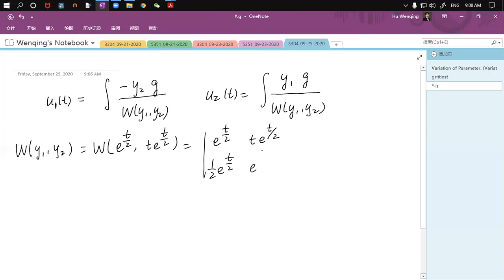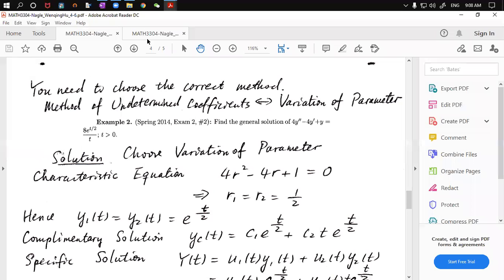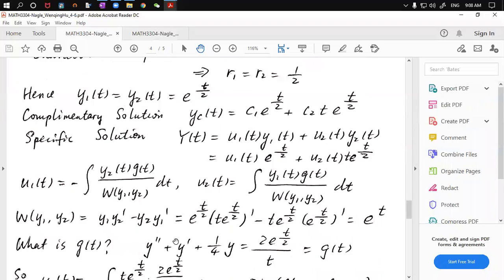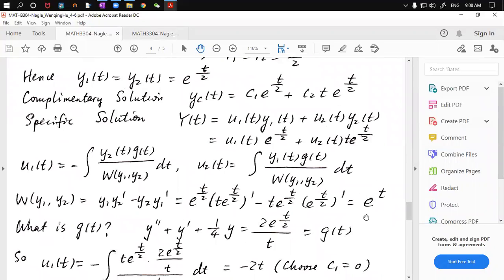And this derivative is e power t over 2 plus t over 2 times e power t over 2. So that's e power t, minus t over 2 e power t. So that's just going to be e power t. So that's a very easy Wronskian, right? Let me double check. Okay, so that's a very easy Wronskian that you calculate here.